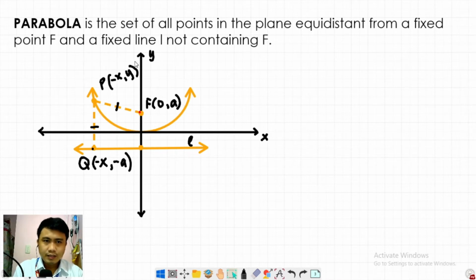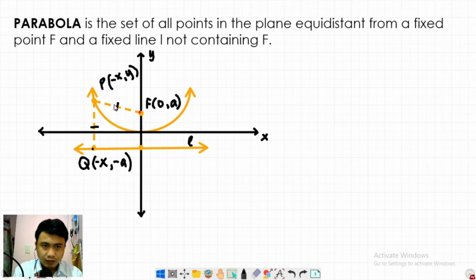Okay. So, sabi dito, ang parabola daw ay ito yung parabola po natin, set of all points daw po yan, according to this definition, as long as equidistant yung mga points natin from a fixed point to a fixed line.